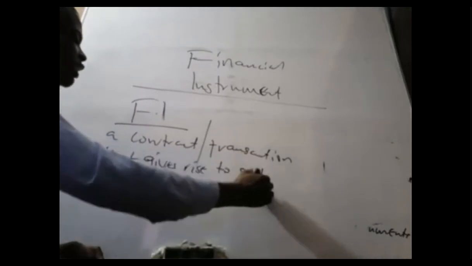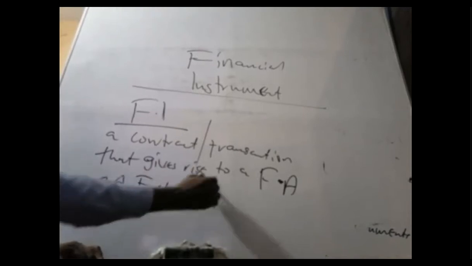You have a relationship with your customers, with your bankers, with your investors. There's a contract or transaction or relationship that gives rise to a financial asset, FA, to one party and a financial liability or financial equity to the other party.